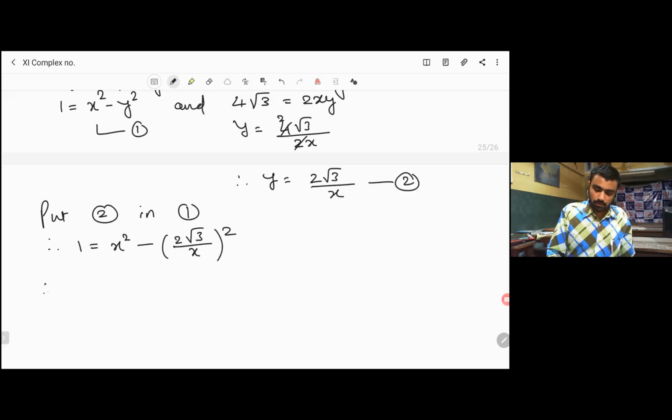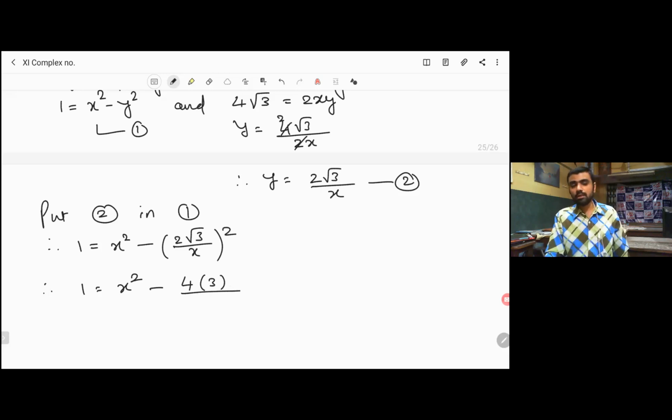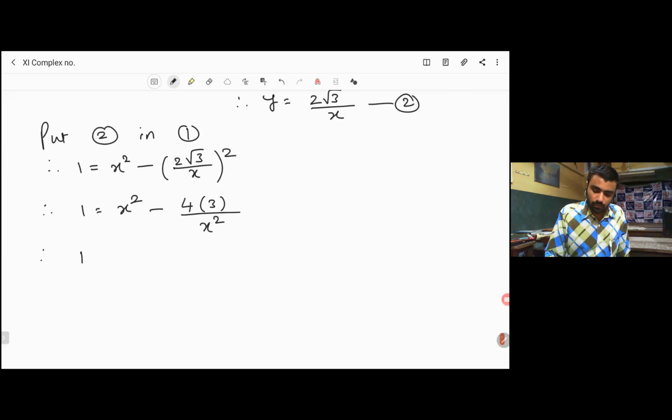The numerator gets squared and the denominator also gets squared. So 2 root 3 whole square becomes 4 into 3: 2 square is 4, and root 3 square, the root goes away, leaving just 3, and the denominator is x square. Now 1 is equal to x square minus 12 upon x square.